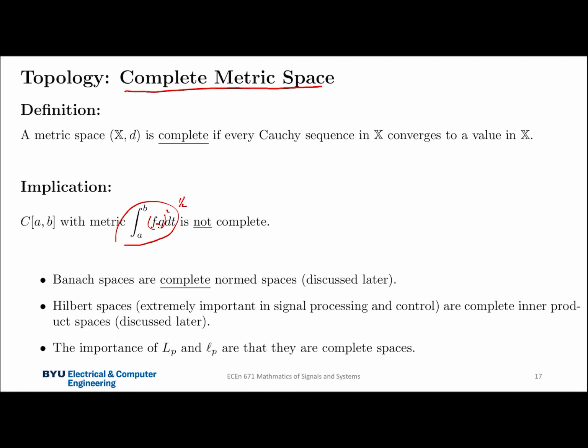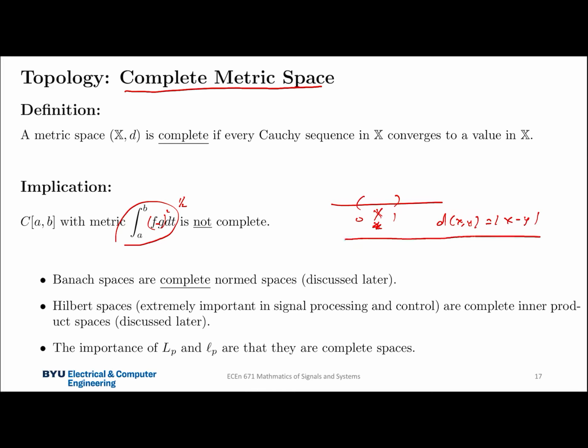Also, if we look at the set (0, 1) as X, with the metric being the absolute value, that is not complete. Okay, so in some sense, this is a defective metric space. Now, if X was all of R, and we use the same metric, then it is a complete space.